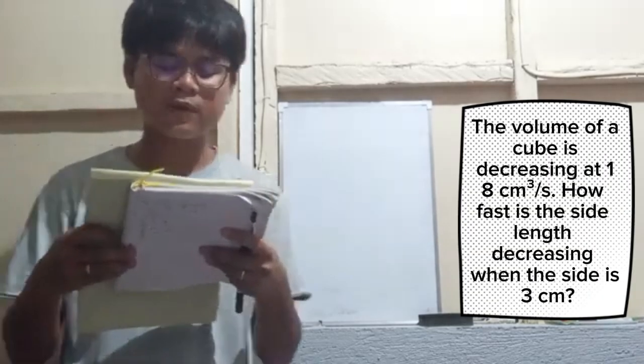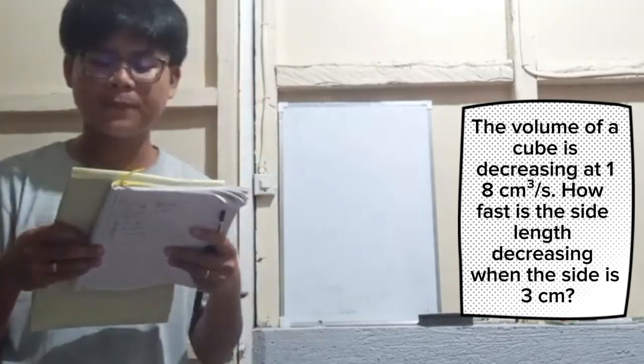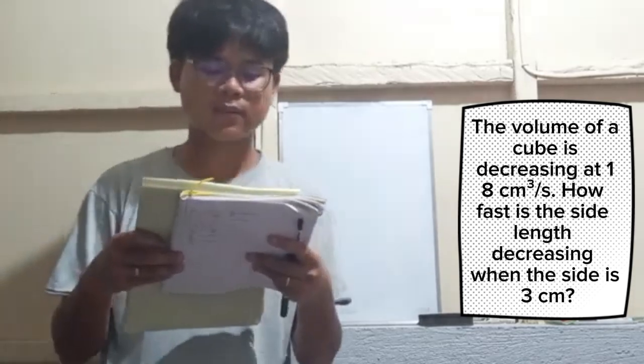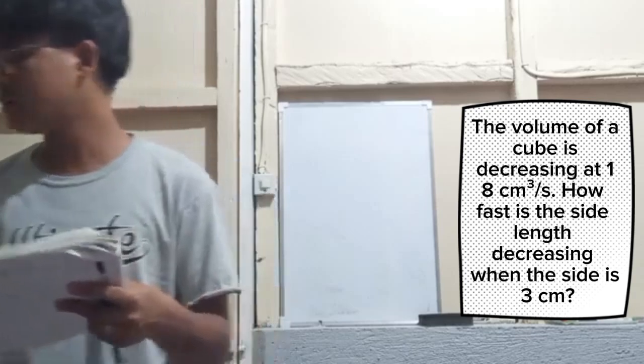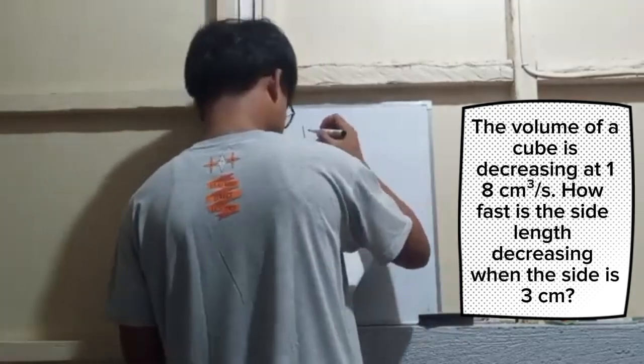So we'll proceed to the next problem. The volume of a cube is decreasing at 18 centimeters cubed per second. How fast is the side length decreasing when the side is 3 centimeters? So we'll draw the problem.